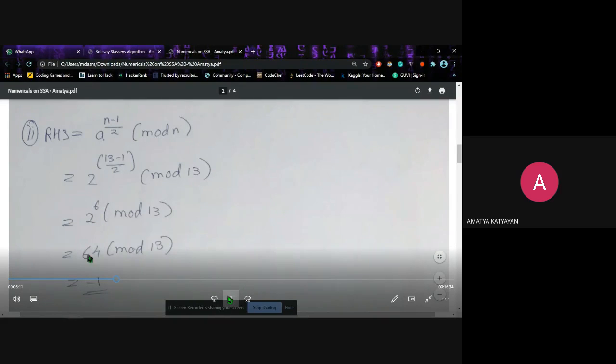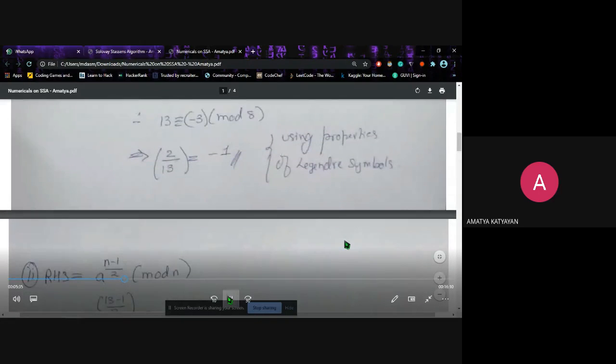The value of 2 raised to 6 is 64, and if you calculate the value for mod, since 13 into 5 is 65, and 65 is one more than this, subtracting 64 minus 65, you will get the remainder as minus 1. So you are getting RHS over here as minus 1, which is same as the LHS that we had obtained before.